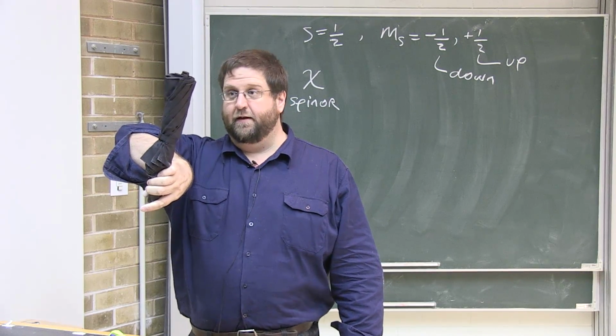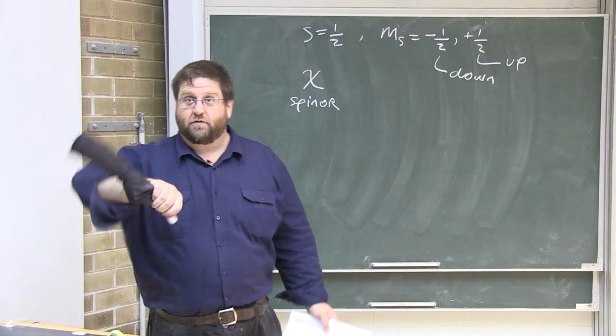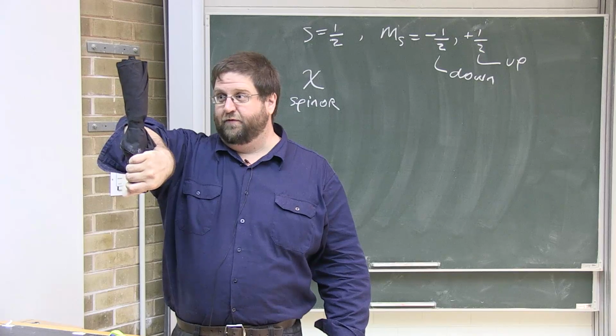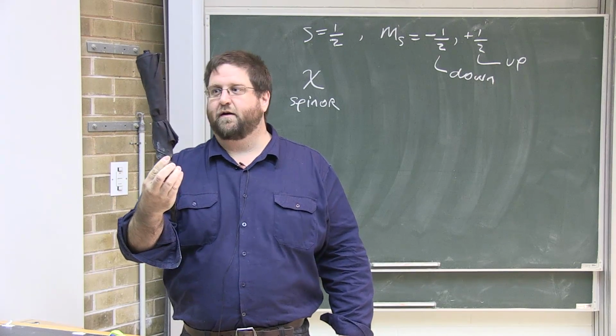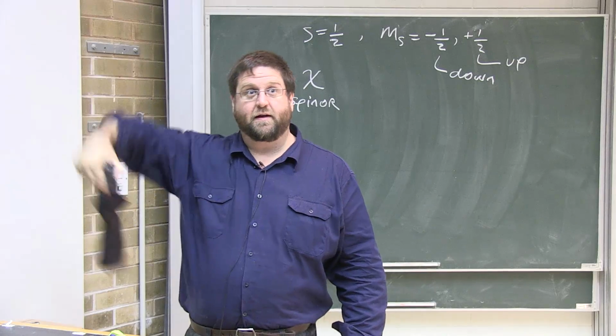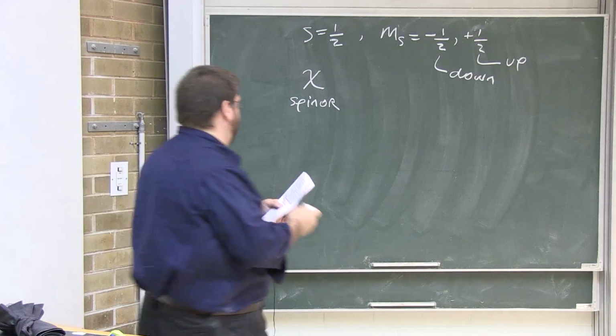A spinor, this looks like something with 2 components, looks like a two-dimensional vector, right? What happens if you take one of these things and rotate it through 360 degrees? It actually picks up a minus sign. You need to rotate it through 720 to come back to where you started. That's very non-intuitive. This is an example of a spinor.